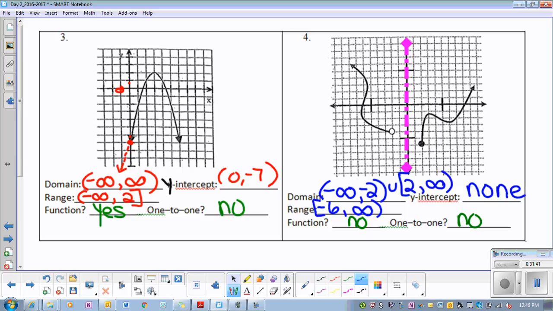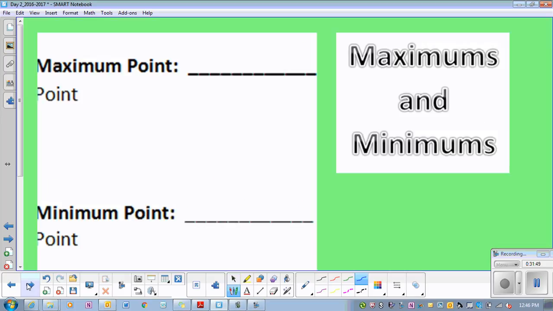All right, so how are you doing? Okay, well, let's finish our foldable, and we'll get more practice on this stuff. So let's go over to the right side, and we'll talk about maximums and minimums. The maximum point is your highest point.